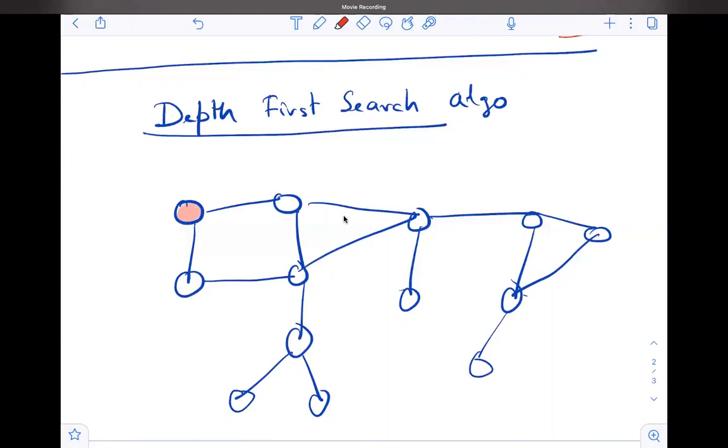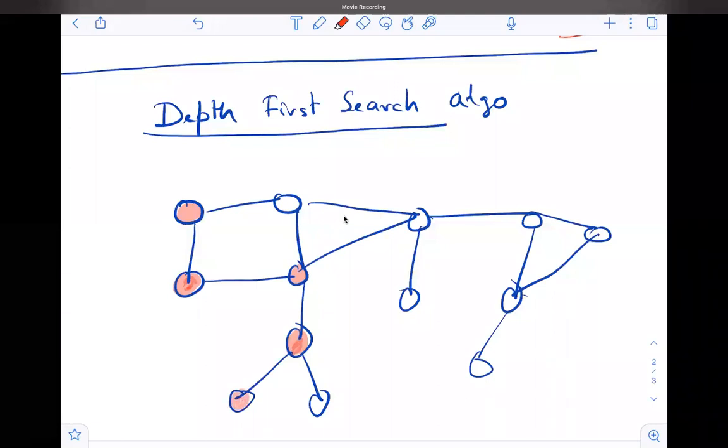So from here you go to the next one, then the next one, then the next one. You are just running as much as you can.